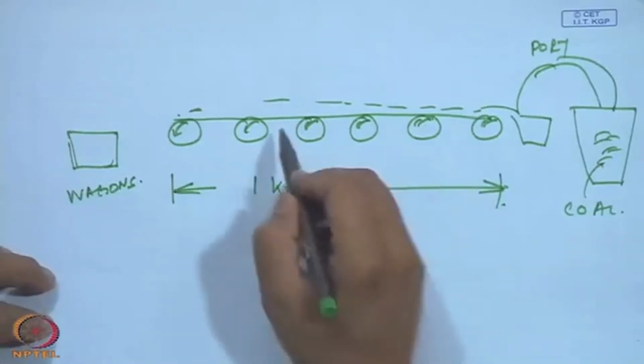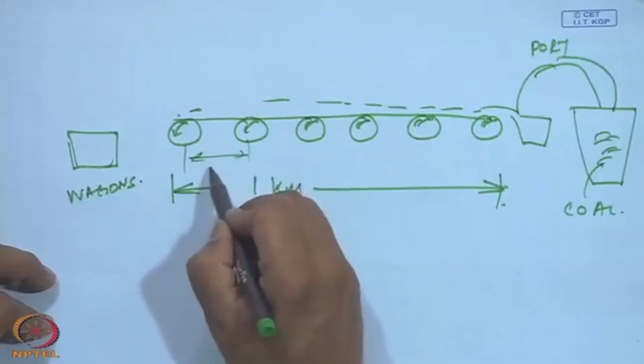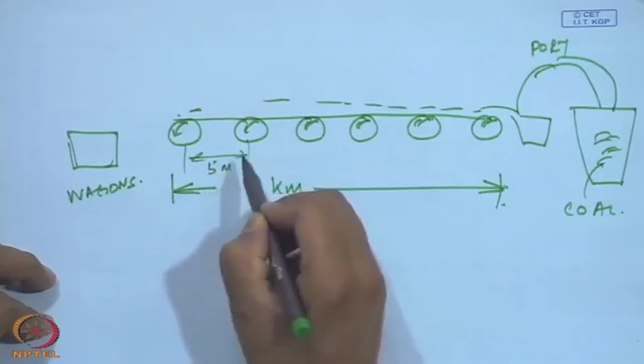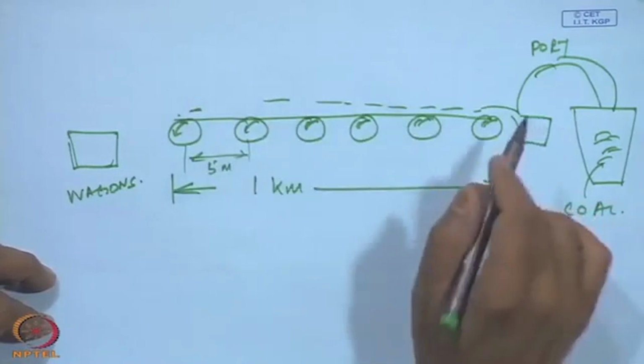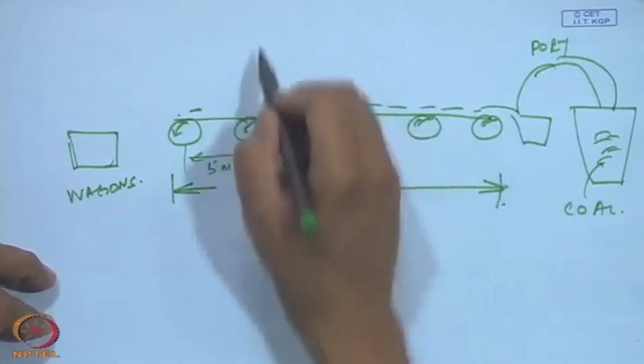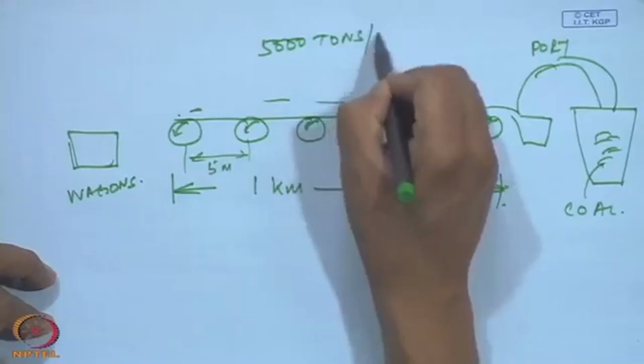And each of these pulleys are maybe 2 meters, 5 meters apart. We have put these conveyor pulleys, and they could be carrying coal at the rate of maybe 5,000 tons an hour.